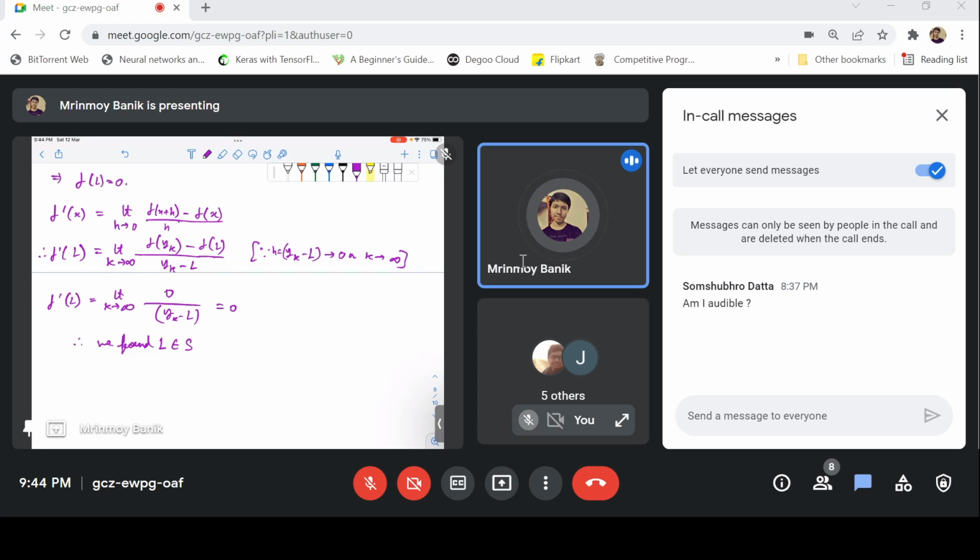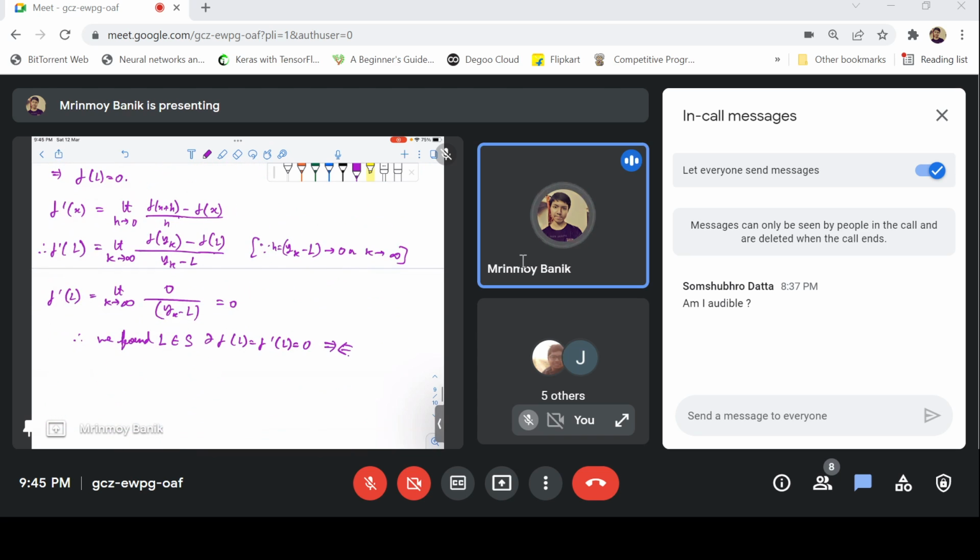So we found L inside S such that f of L equals f dash of L equals 0, which is not possible from the given condition. So this is a contradiction. Hence S is finite.